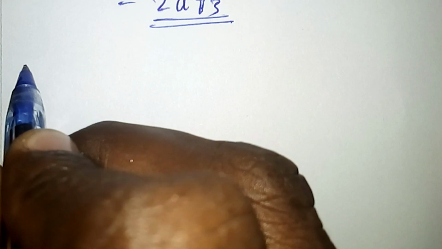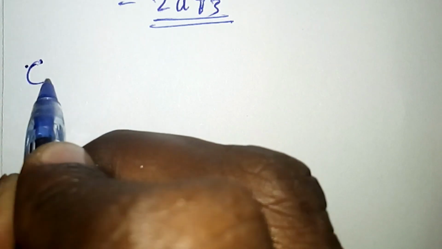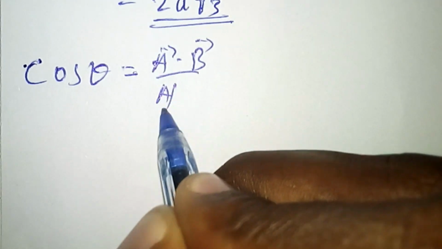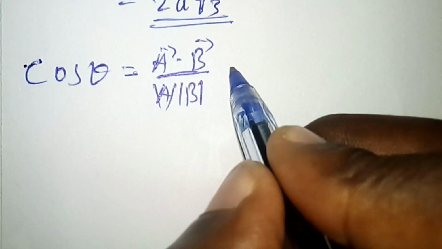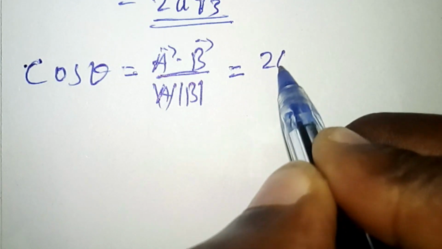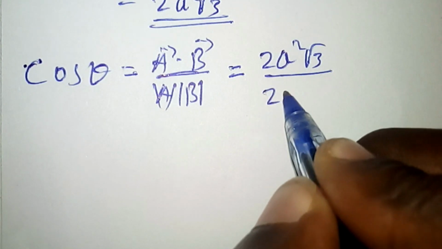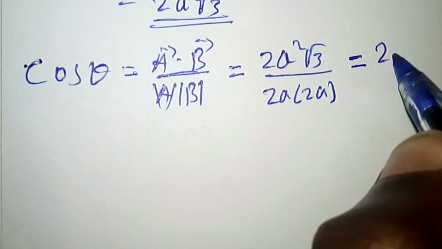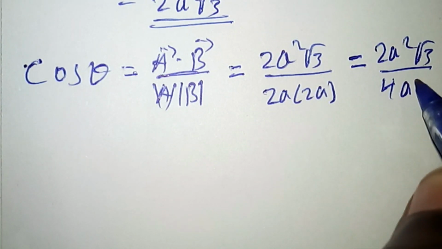Then from the first definition of the scalar product, cos of theta, the angle between two vectors, is vector A dot vector B divided by magnitude of A times magnitude of B, which is equal to twice a square radical 3 divided by 2a times twice a. So this is equal to 2a square under radical 3 divided by 4a square.